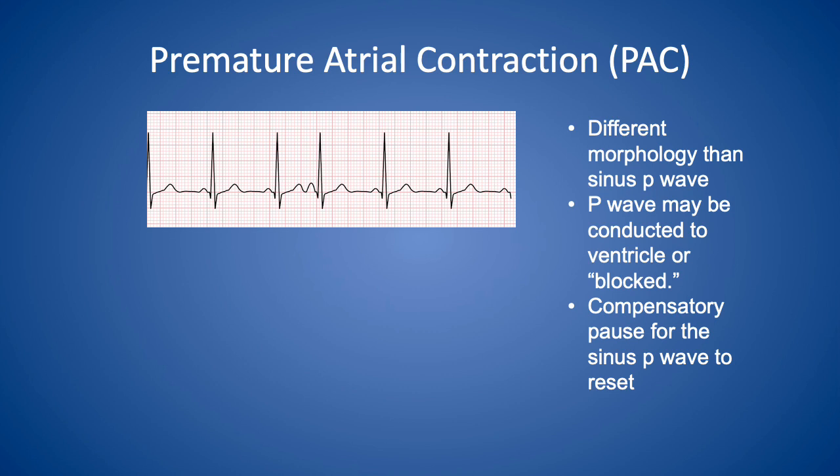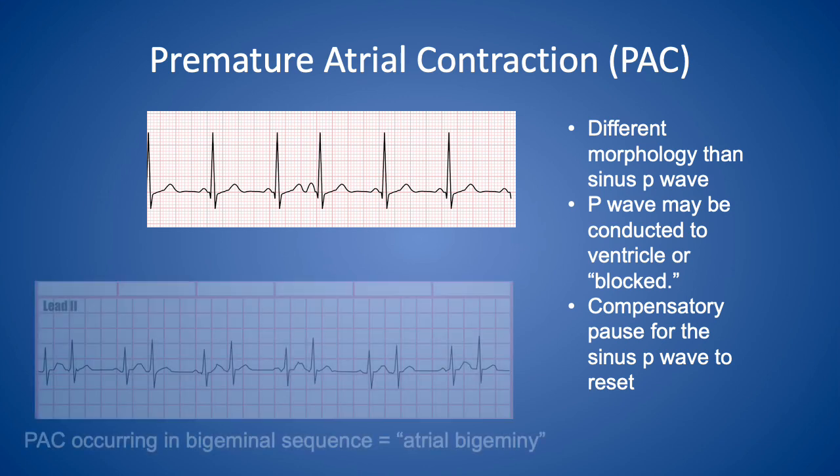The P wave may be conducted through the ventricle, so you see the QRS, or it may arrive during a refractory period and be completely blocked. Typically, when a premature contraction does happen, there's usually a compensatory pause afterwards for the entire heart to reset, and then the sinus P wave comes through again.